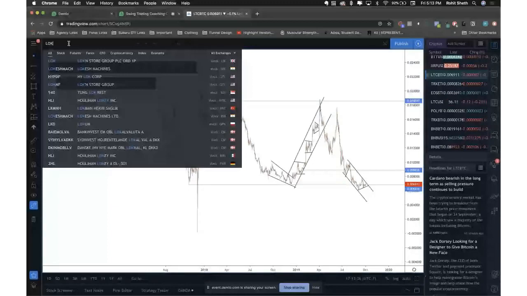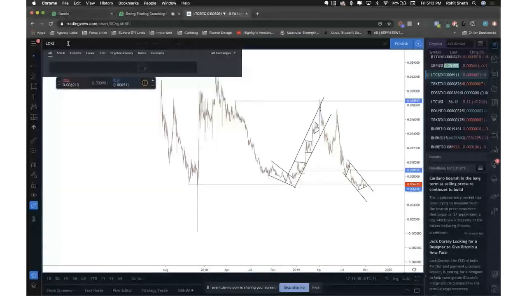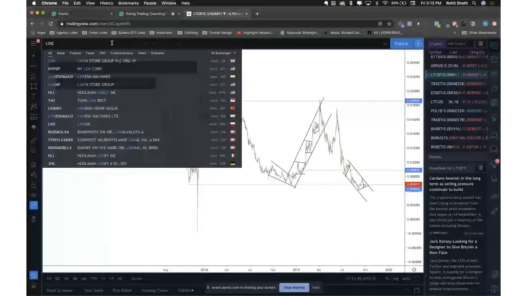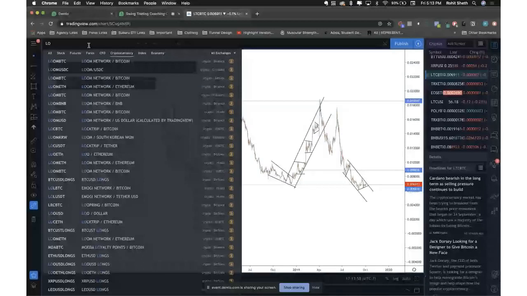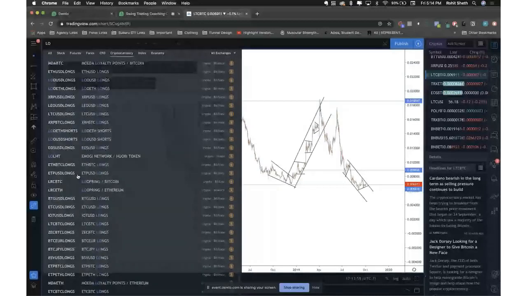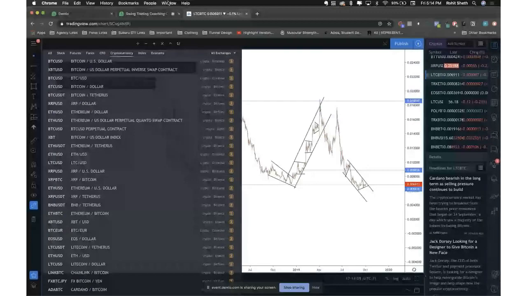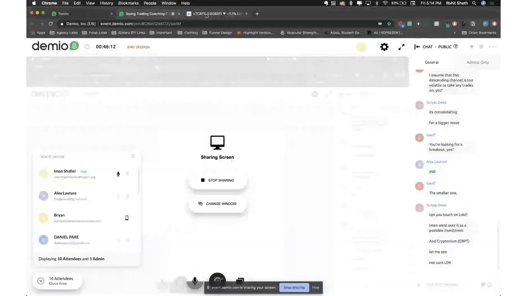I don't think it's the actual name. Not sure. LOK. No, I don't think it is LOK. Yeah, these are all stocks. If I go into crypto, a lot of these are funny like that. I noticed a couple of the new ones don't really necessarily have matching tickers to the actual coin name. That's fine.